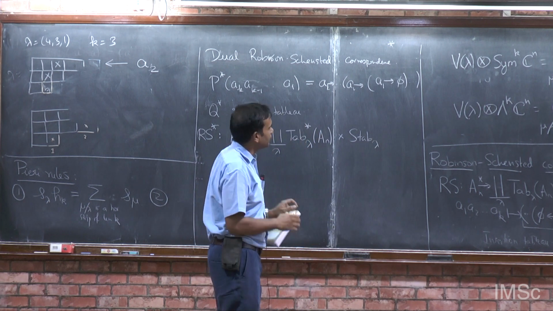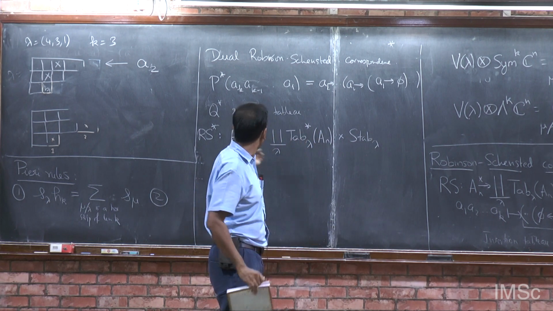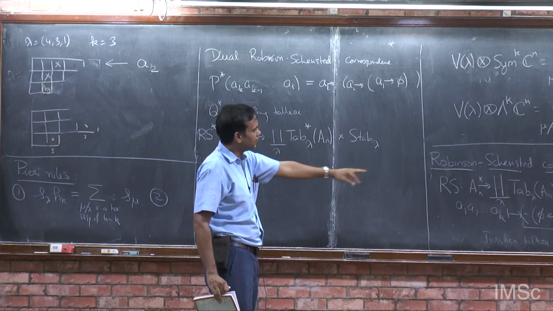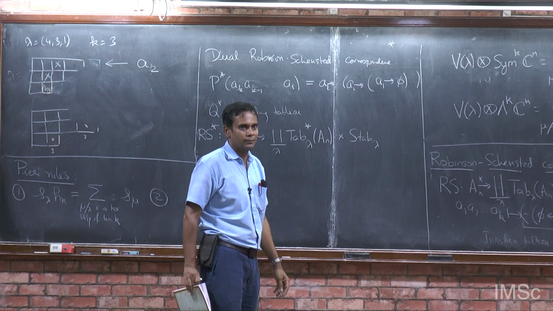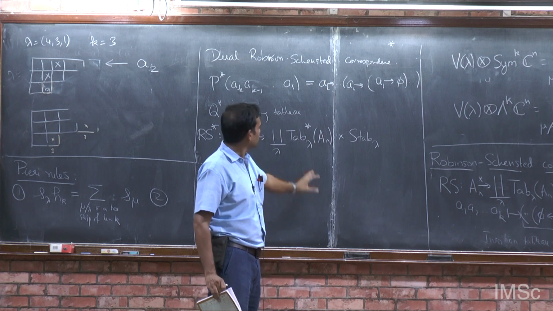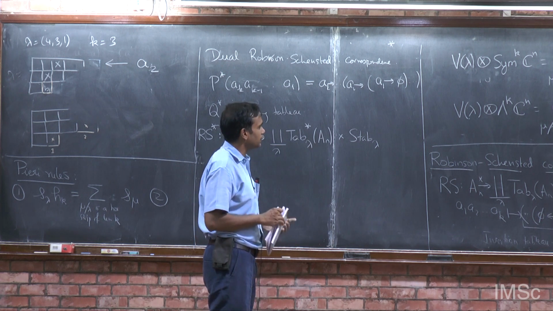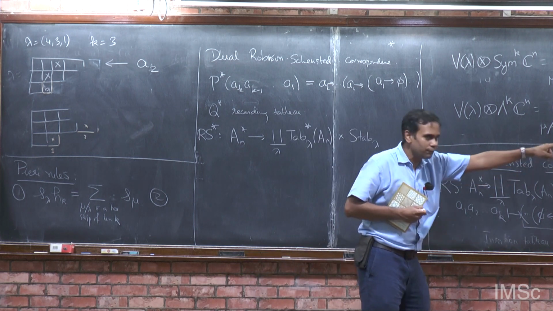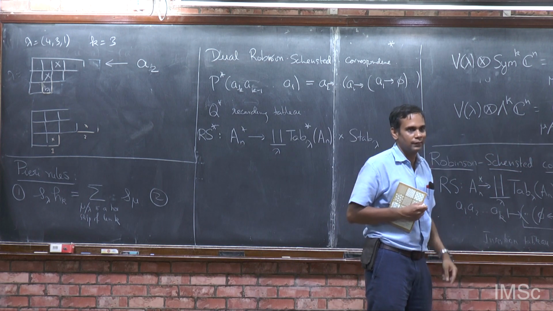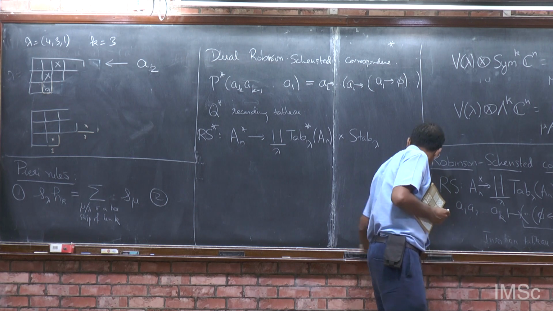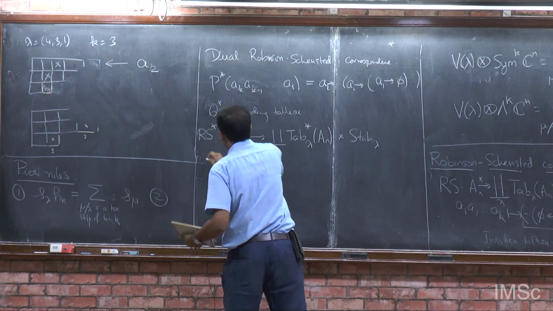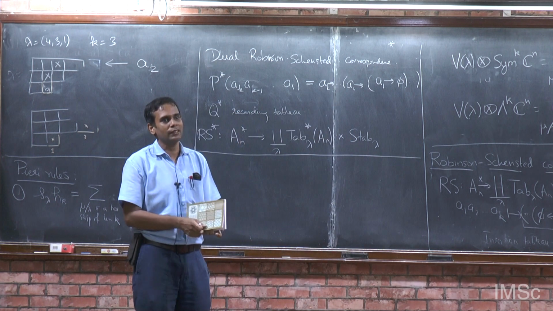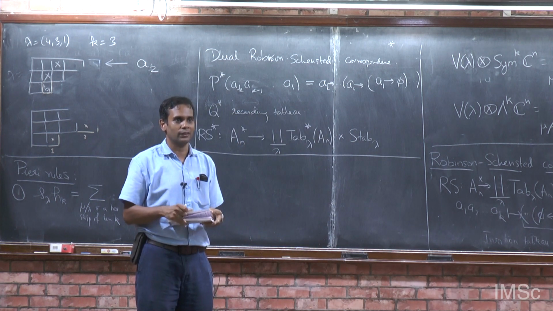The way it is written here, this lambda would be, if I started with the same word, the conjugate word as a word, but the picture would be exactly the same. So these are two different Robinson-Schensted correspondences, and it is intriguing that the Q tableaux are different, and it is also intriguing that the P tableaux are the same, and that I will give a very nice explanation later on.